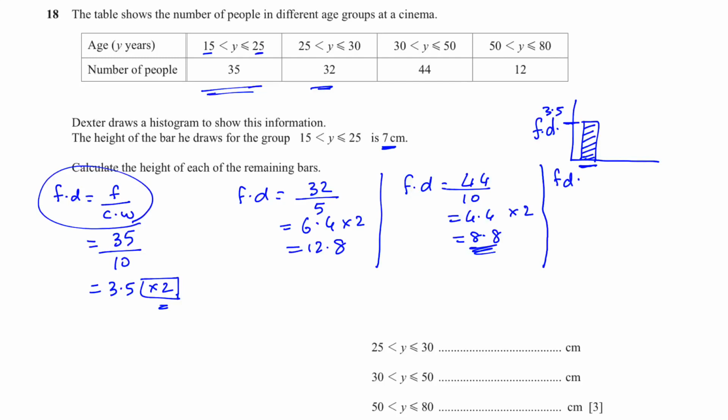For the last bar, frequency is 12 divided by 30. So 12 divided by 30 is 0.4 and then you times it by 2, 0.8. So your answers are 12.8, 8.8 and 0.8.